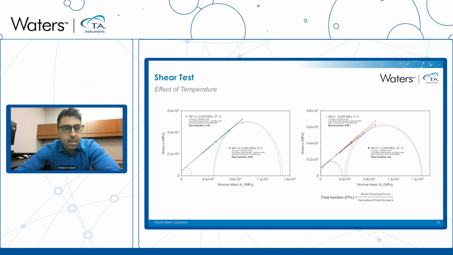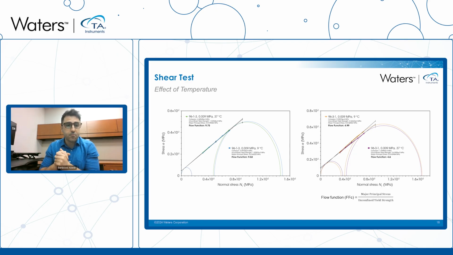So then here we have the major principal stress at the x-axis. The flow function is the major principal stress over unconfined yield stress. And flow function is a very well established category, just an index to categorize the flow of powders under relatively high stress.